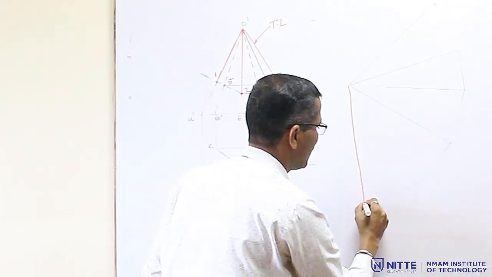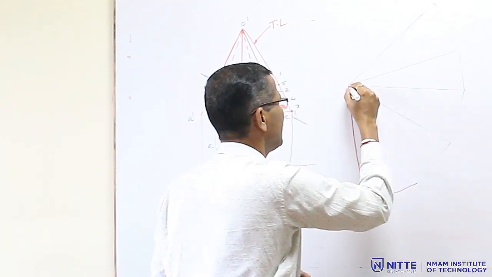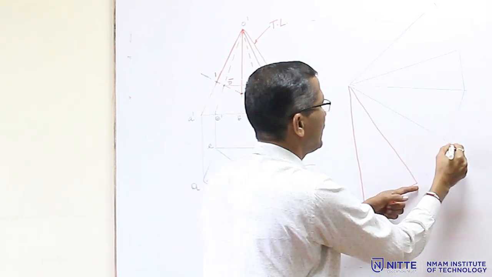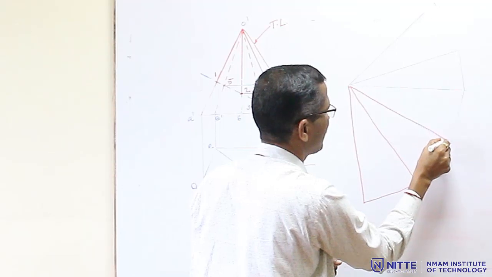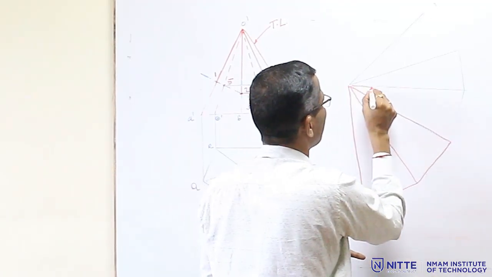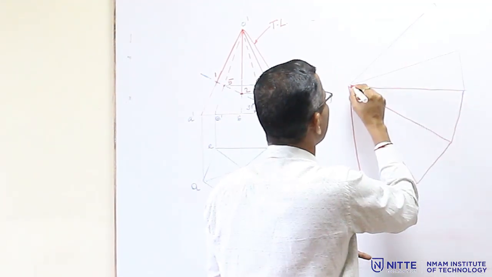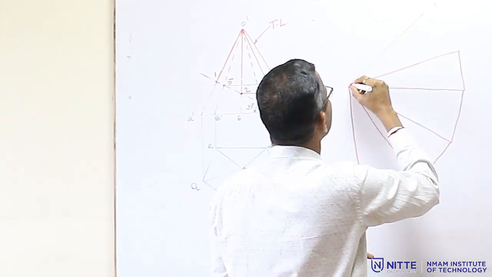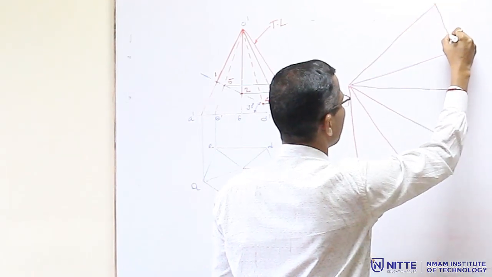Then connect it like this, then draw this. Similarly, connect this point and draw here. Then the other line you have to draw like this. So, this is the development of the complete pyramid.